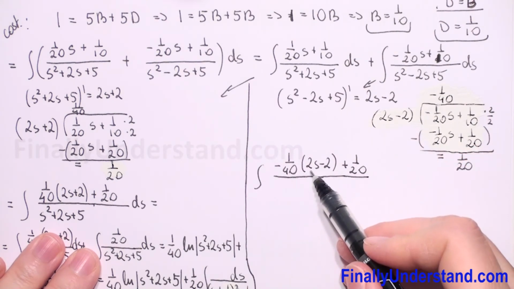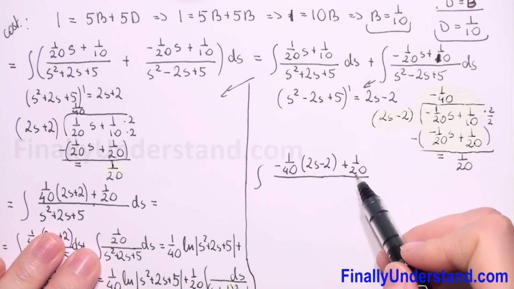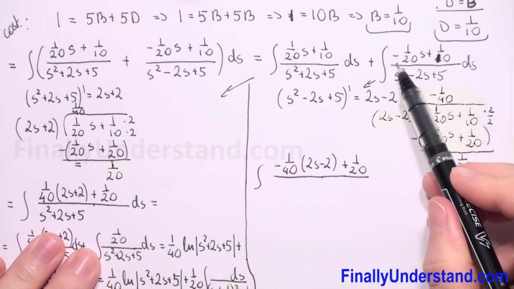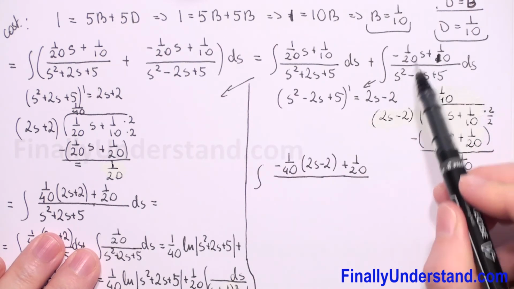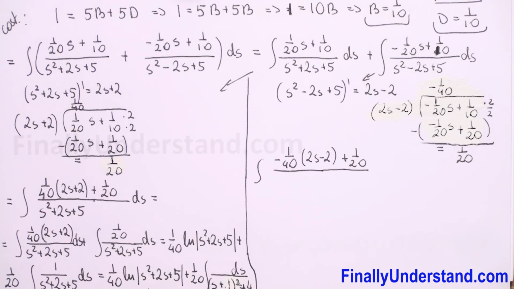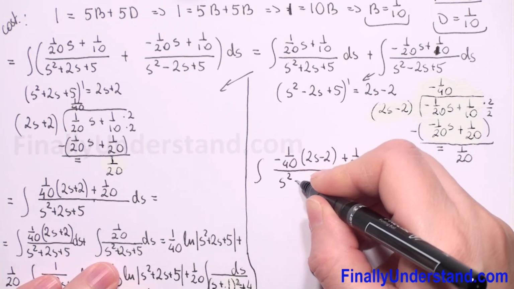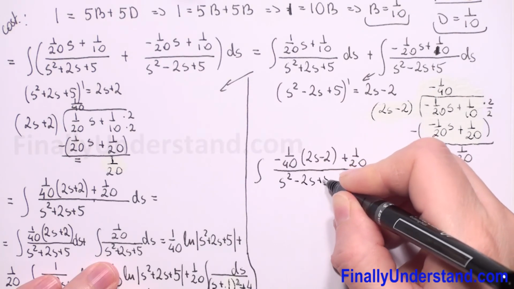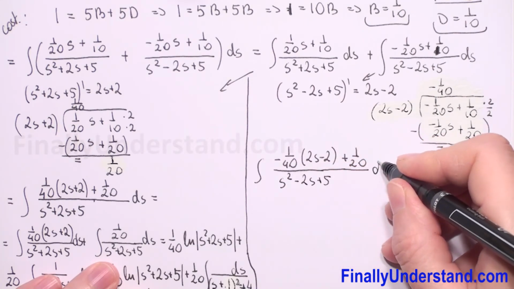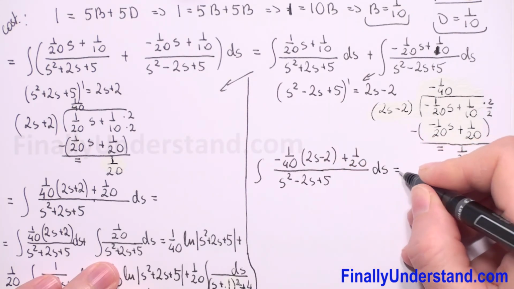If you do multiplication and you add 1 over 20, you will get exactly the same expression which we have here. So the denominator, we can rewrite: s squared minus 2s plus 5. We have the integral with respect to s, so this is equal.